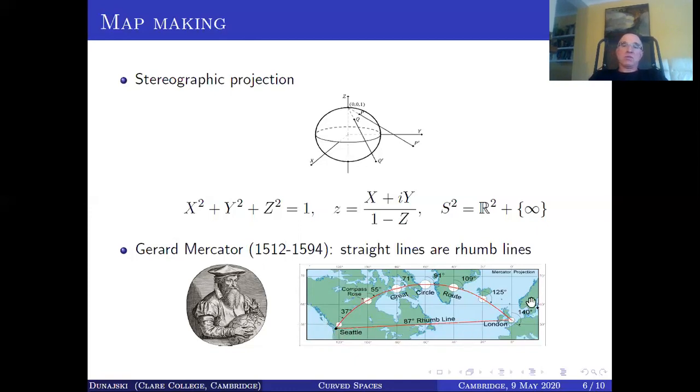Now, if you ever had a chance to cross the Atlantic on a plane, and maybe you did it before the days of in-flight entertainment, you would have noticed that on the in-flight map, the trajectory of the plane is not a straight line, but is curved like this segment here.